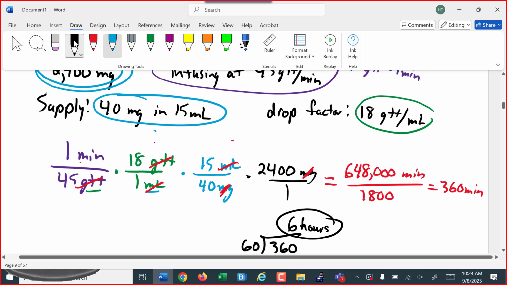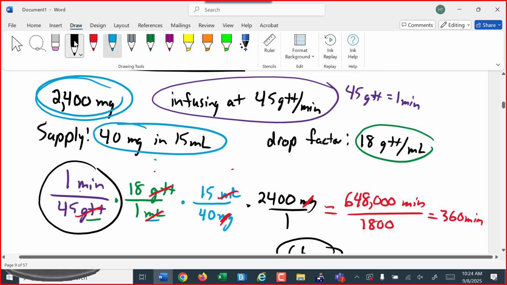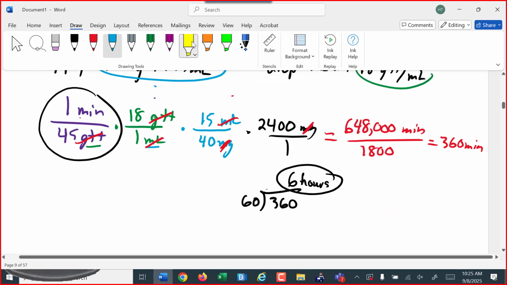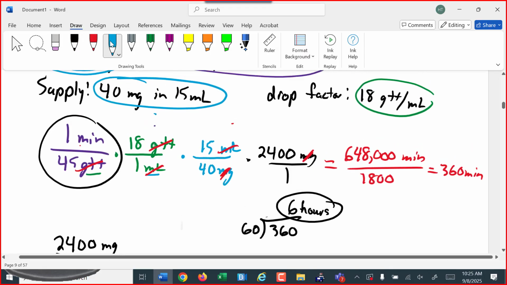So it makes it a little bit simpler if I saw that I could flip this over and put minutes on top. But if we didn't see that, you could still just start with whatever number is a whole number. We could have just started with the 2,400, and we're eventually going to get to something useful. If I started with 2,400 milligrams, put it over 1, and then I have my 40 milligrams and 15 milliliters.